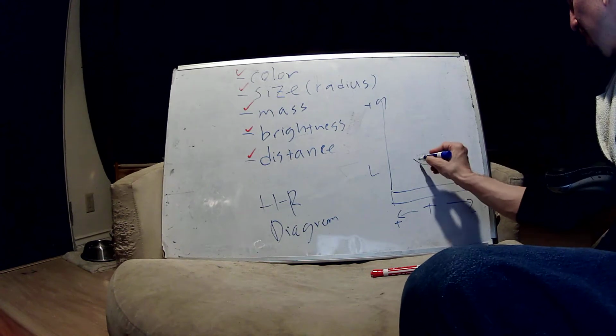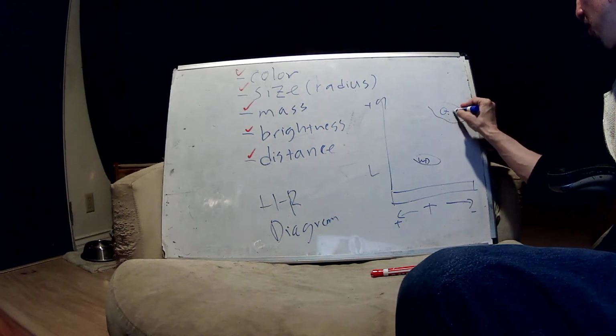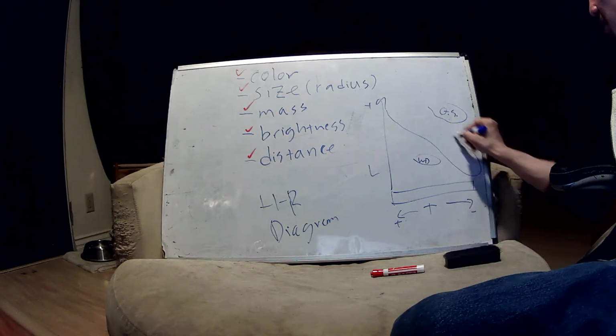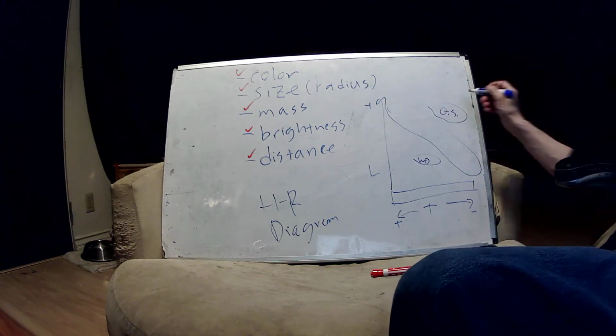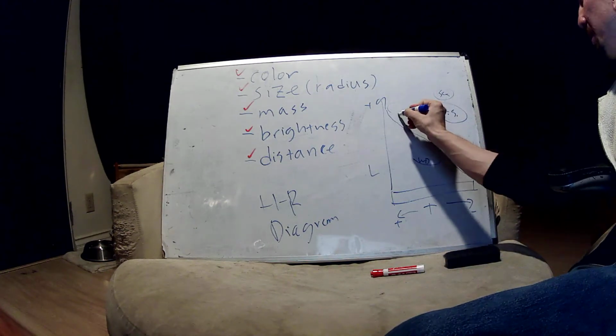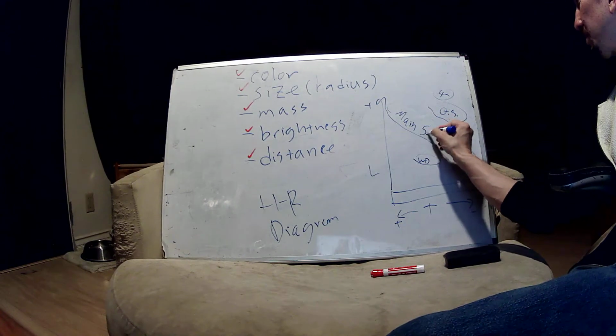And there's a little region down here where there are white dwarfs. There's a region up here where there's giant stars and supergiants. But most stars appear on this huge diagonal area, right? There's supergiants up here somewhere. We call this part the main sequence.